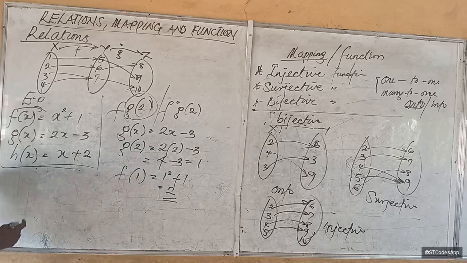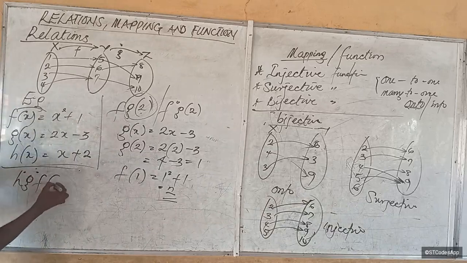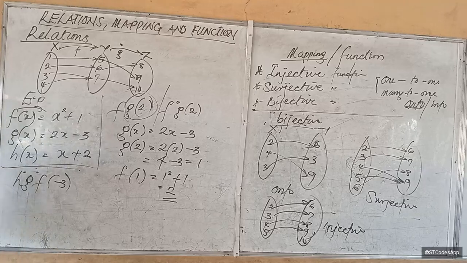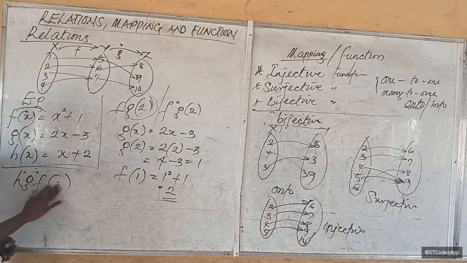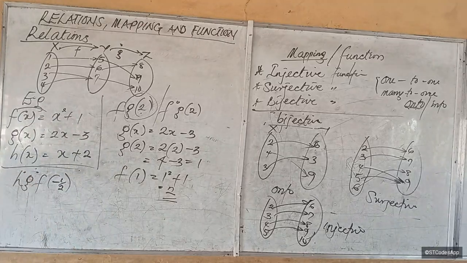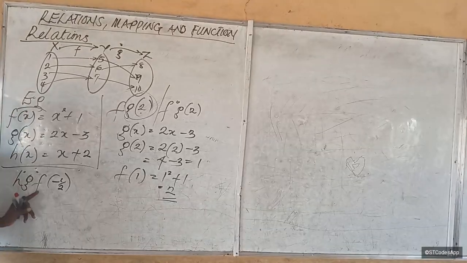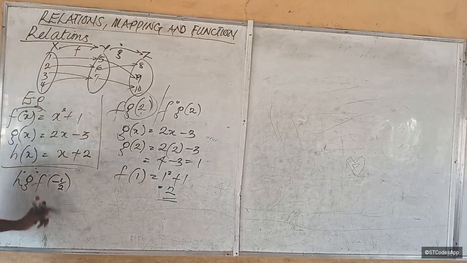Very simple, right? So give me the value for h of g of f of minus 1 over 2. Fastest finger. h of g of f of minus 1 over 2.